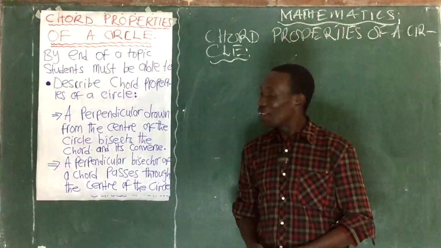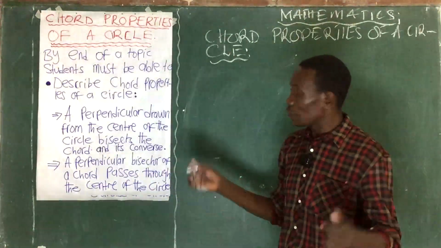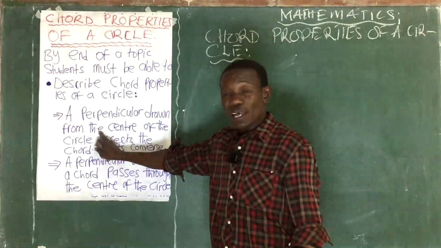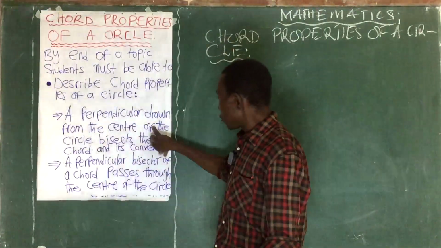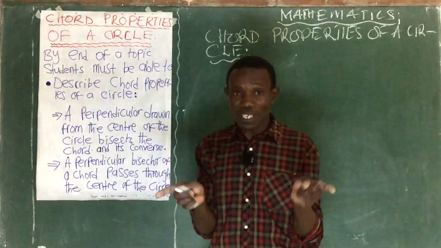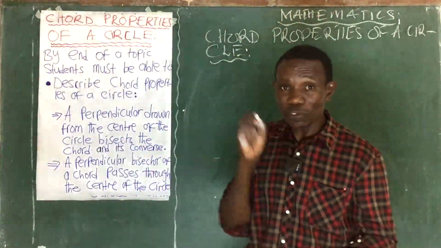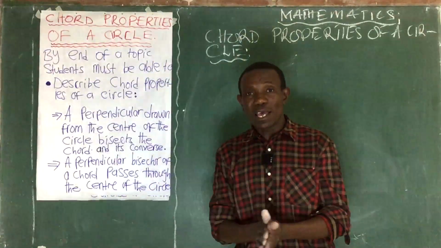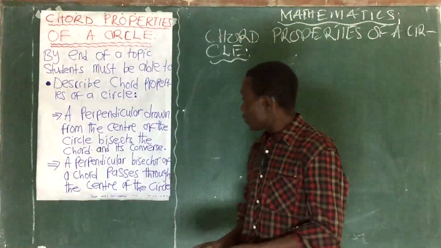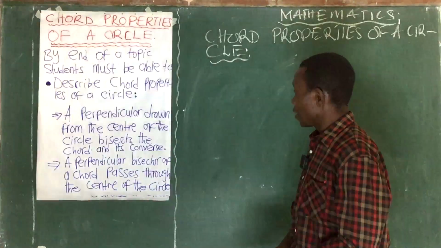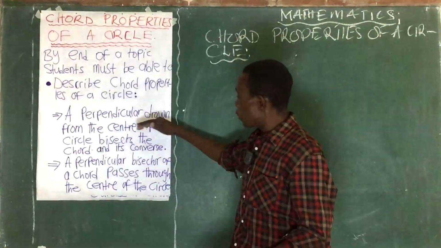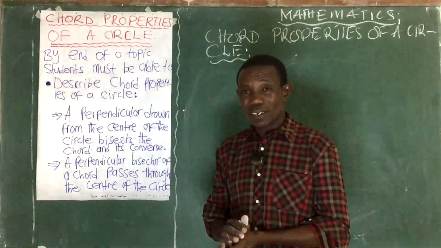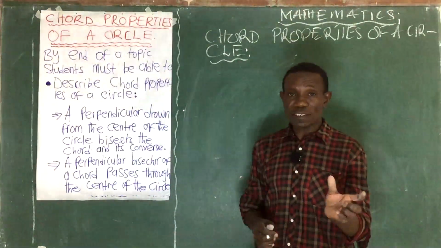One, we need to understand that a perpendicular drawn from the center of the circle to the chord bisects the chord.